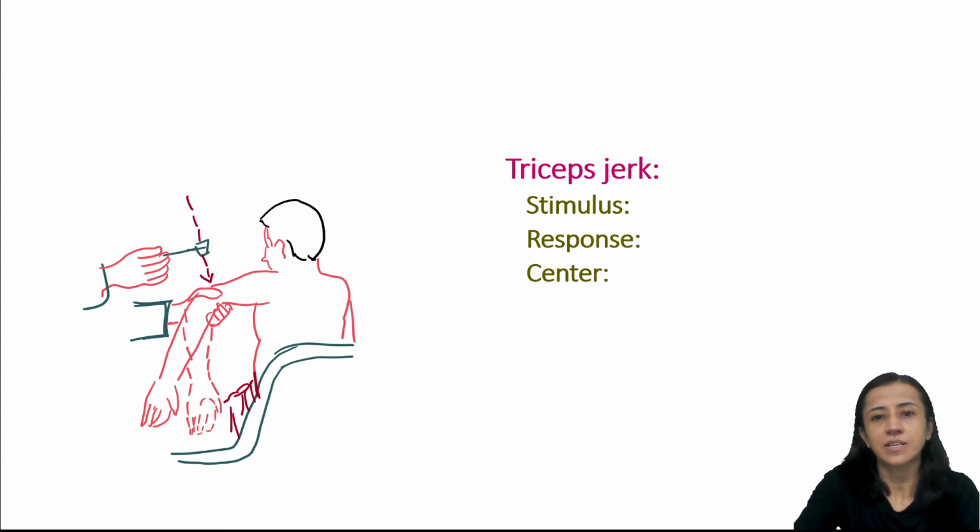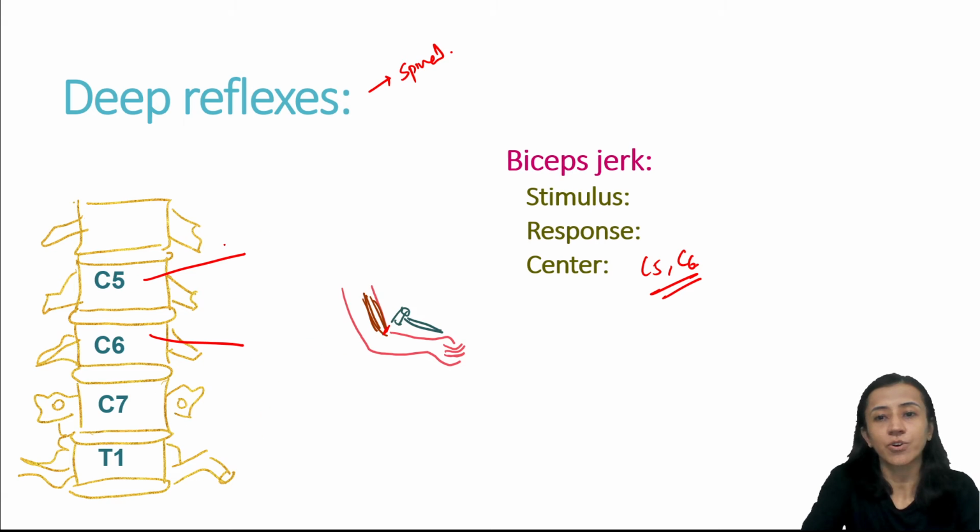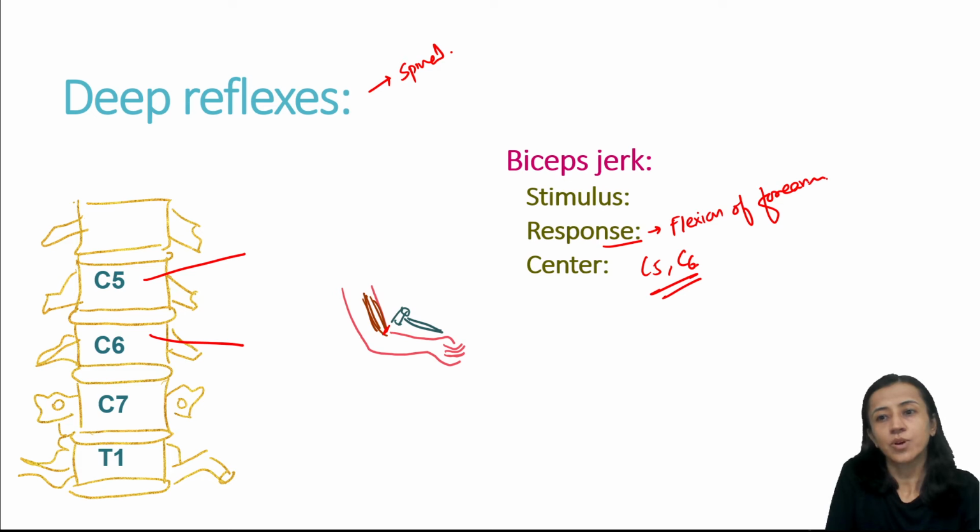Then triceps jerk. Here you give percussion on the tendon of the triceps, and the response is extension. In biceps jerk there is flexion of the forearm, when you give a stroke on the biceps tendon.